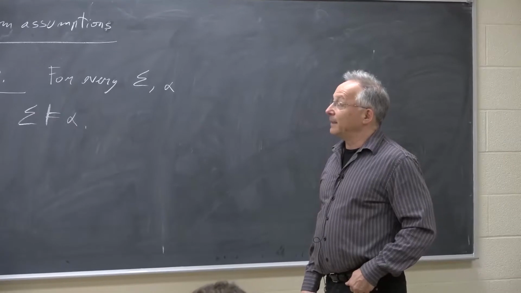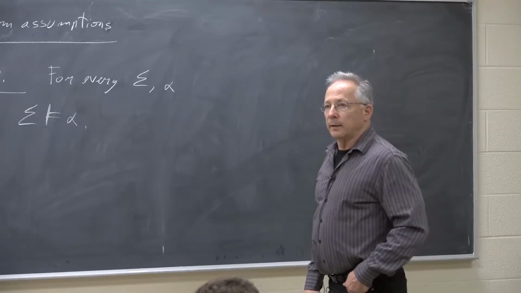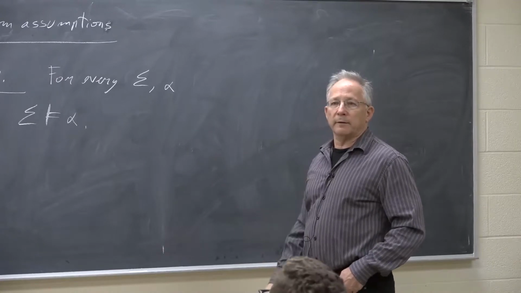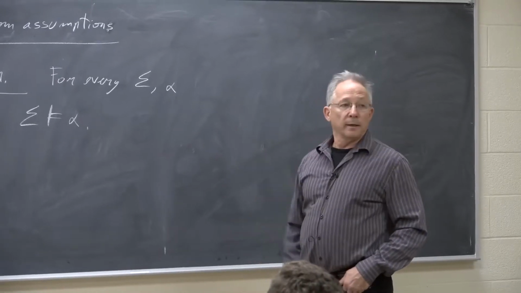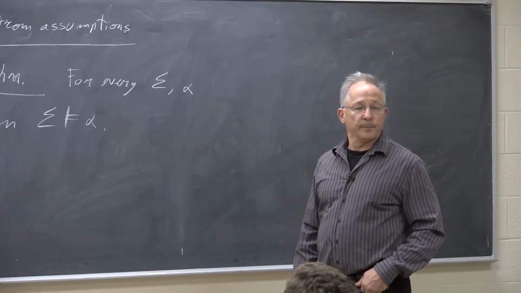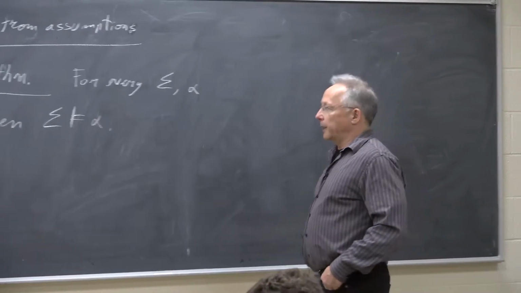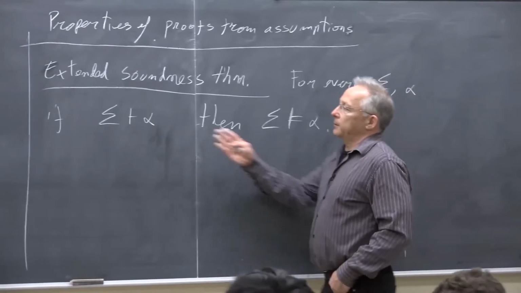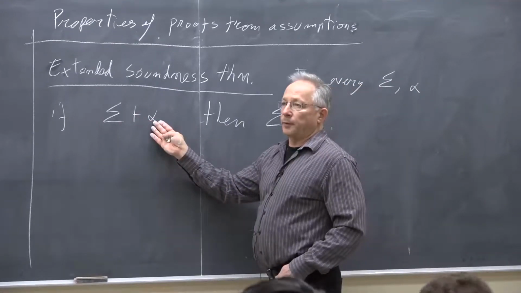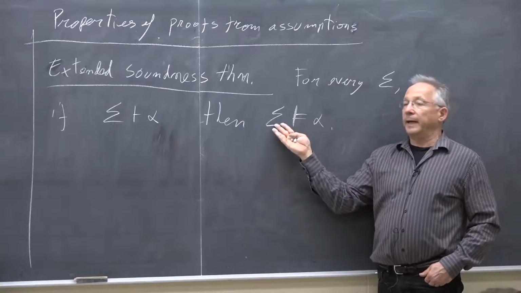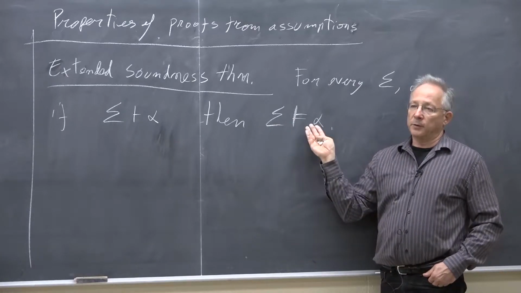Why is it an extension of the soundness theorem? Assume I prove this, how do I get to the soundness theorem that we saw last time? Yes? An empty sigma. Right. I'll take an empty sigma, so here I'll get just alpha is provable, and here I'll get alpha follows logically from anything, which means alpha is a tautology.